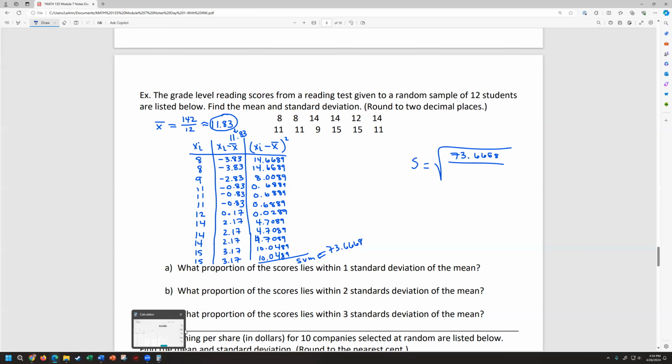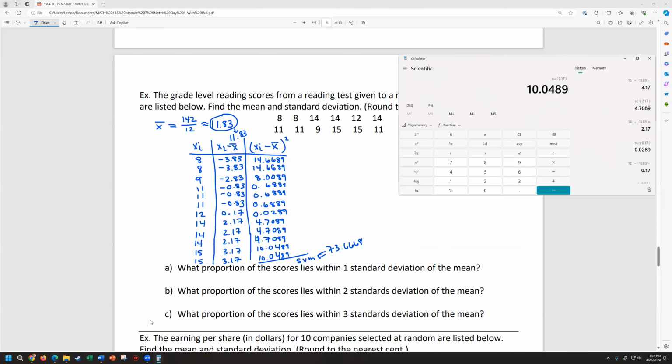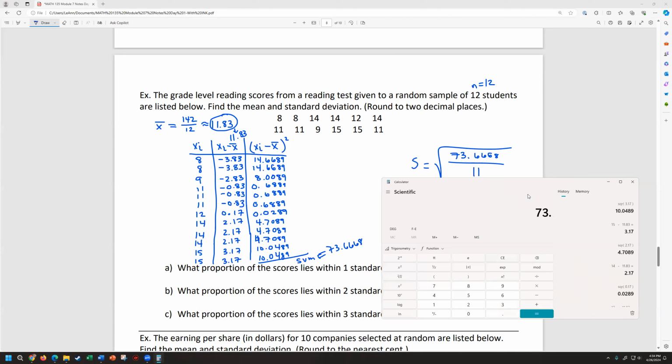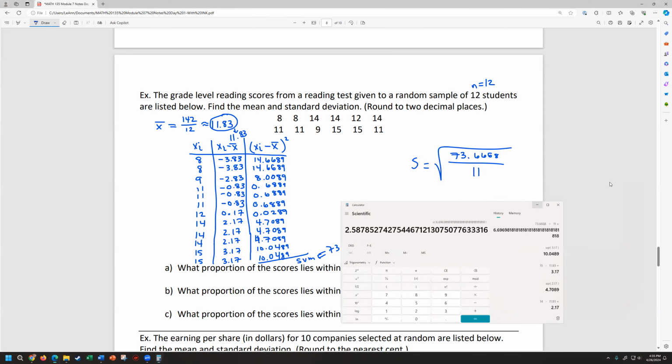The number of items was 12. And remember, we do 12 minus 1 in the bottom, so 11. Okay, so we need to type this in and get the standard deviation. 73.6668 divided by 11. That's my big long decimal. I'm going to take the square root of that and I get 2.59.